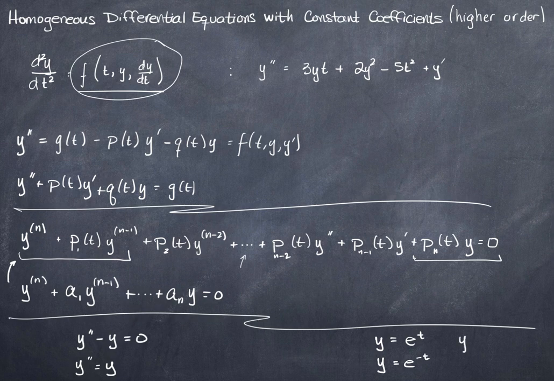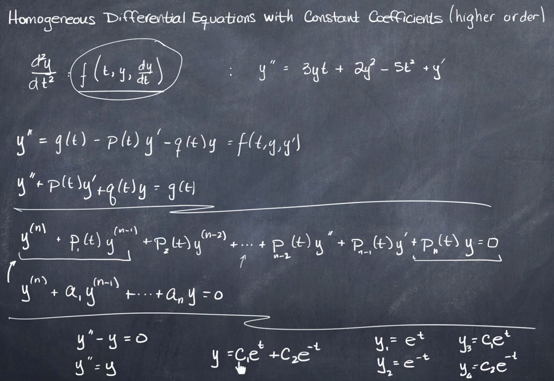Another solution turns out to be c times e to the t. Let's call that one c1. How about this one's c2? And in general, I'm going to call these y1, y2, y3, y4. In general, we discovered that the solution could take the form c sub 1 e to the t plus c sub 2 e to the negative t. And the reason for that is that if c1 is 0 and c2 is 1, you get this solution.